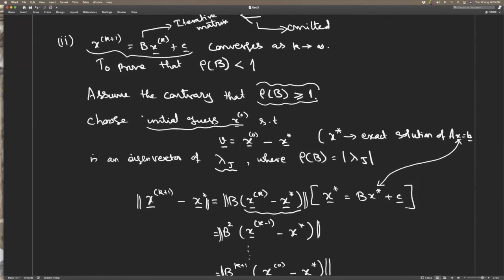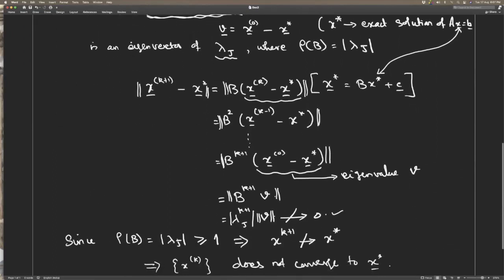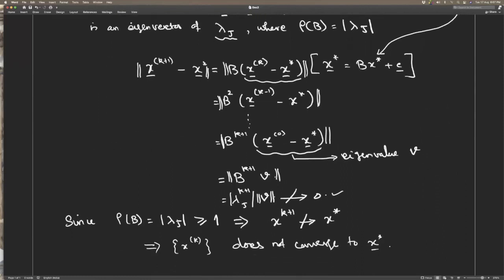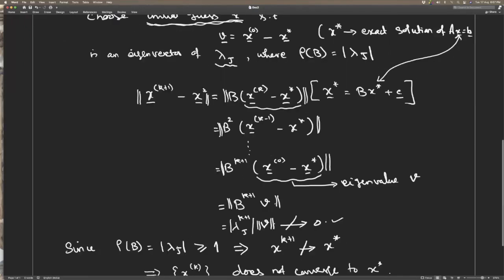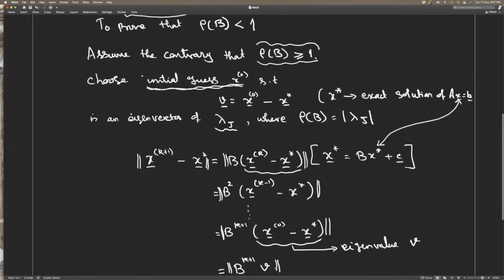So what I'm doing is choosing one such initial guess and showing that in this case the sequence is not converging. We assumed that the sequence converges for any initial guess, but we have produced one initial guess for which the sequence is not converging if your spectral radius is greater than or equal to 1.